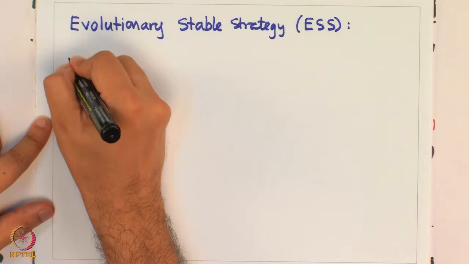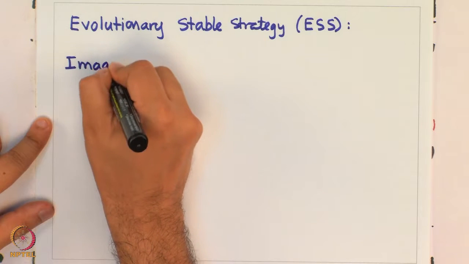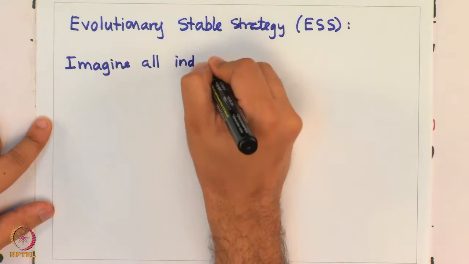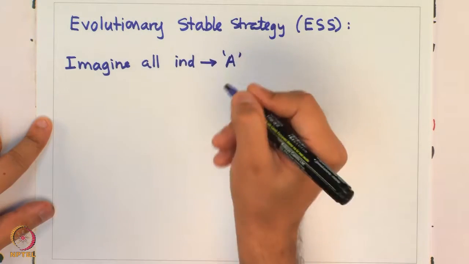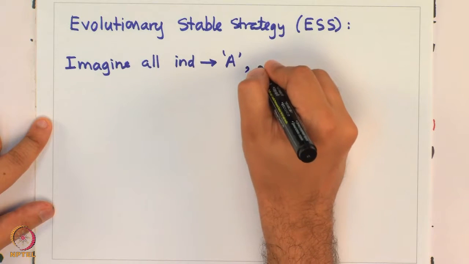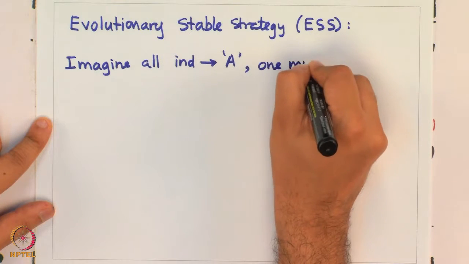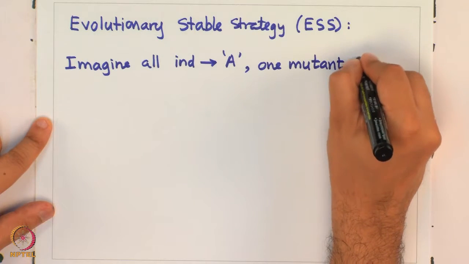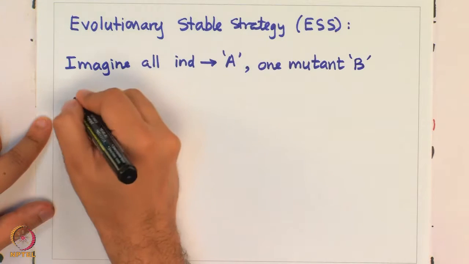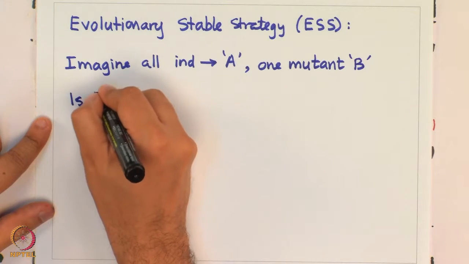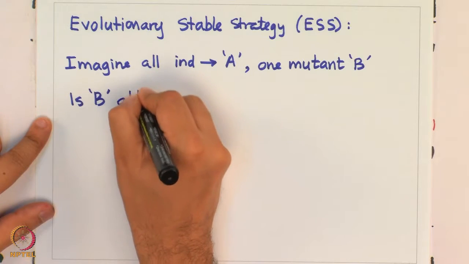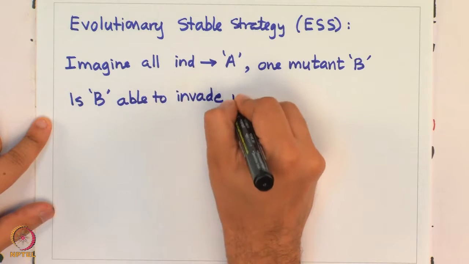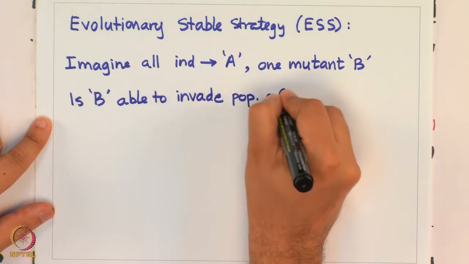And what this says is that imagine all individuals are playing strategy A or are of genotype A in our context, and one mutant is introduced, or you have one agent which is playing with strategy B. Then the question that arises is: is B at that point able to invade the population of these A type individuals?